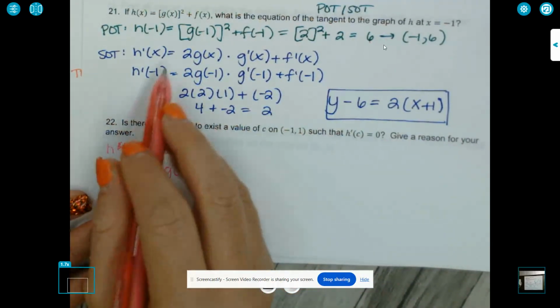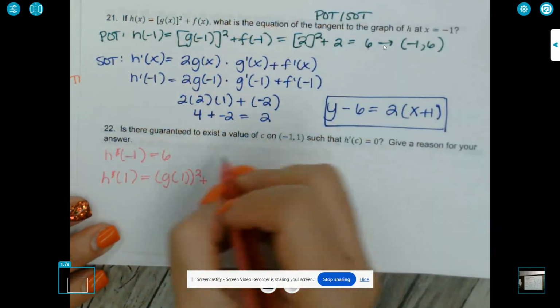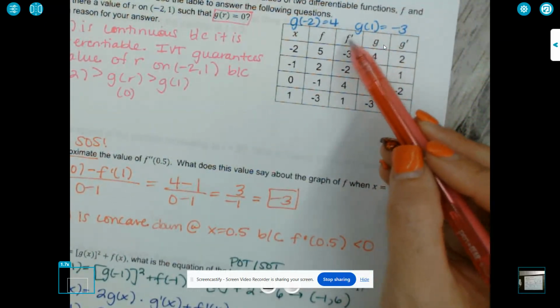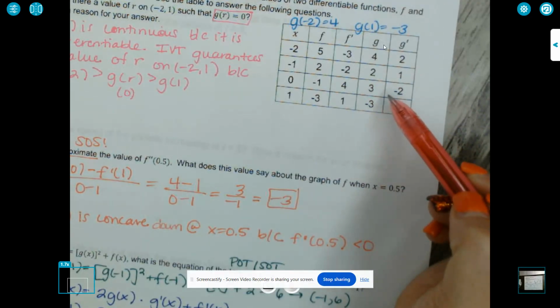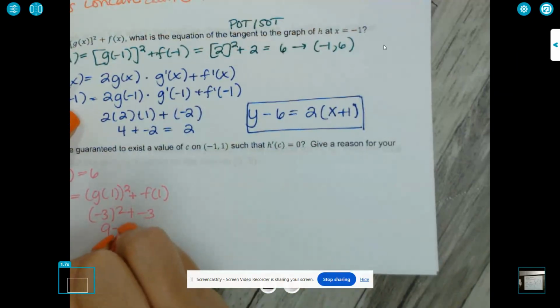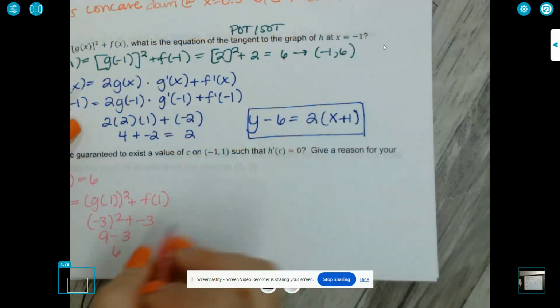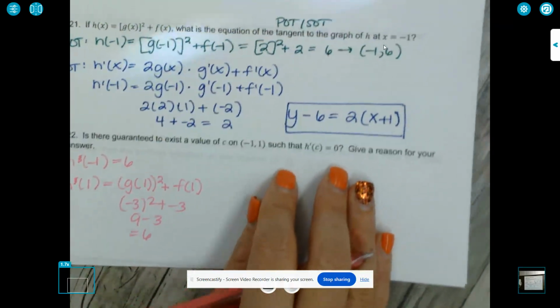So we go back up here. g of 1 squared plus f of 1. g of 1 is going to be negative 3. If we square that, that gives me 9. And then f of 1 is negative 3. So 9 minus 3 is 6. So h of negative 1 is 6, and h of 1 is 6. Now my two are the same.